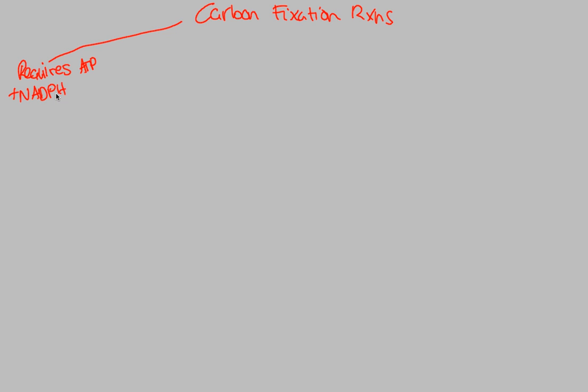Absolutely must have these two things, and these two things are going to eventually help form carbs. Specifically carbs from CO2, carbon dioxide. So once again, you don't want to call carbon fixation light-independent reactions because you're requiring things that come from light reactions.